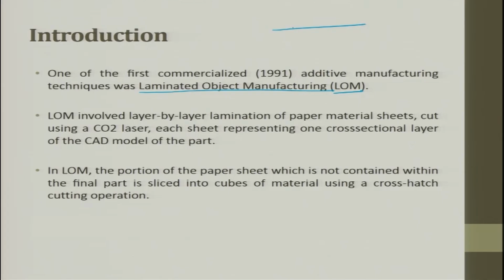So, this is a single layer paper laminate sheet. You put this sheet and then keep one more sheet at the bottom, then you make sure these two sheets glue together and form a consolidation.